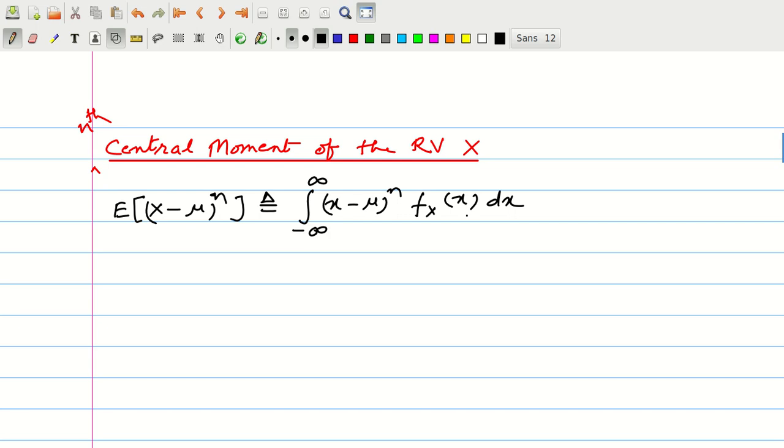Here again we are interested in two special cases, one when n is equal to 1 and then when n is equal to 2.